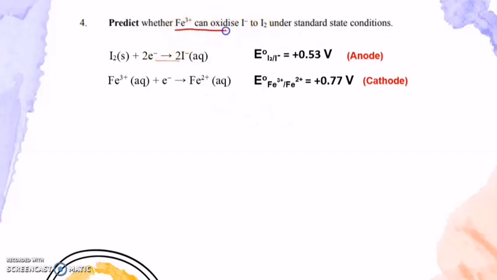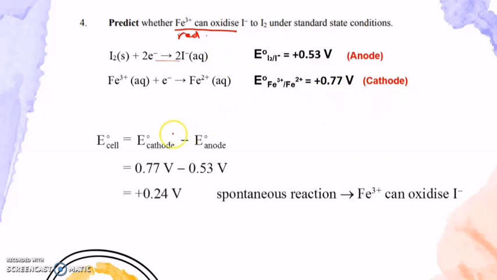The word can oxidize means that Fe3+ can be an oxidizing agent. If Fe3+ is the oxidizing agent, it will undergo reduction. From the values of standard electrode potential for both equations, our Fe3+ has the more positive value, so it will become our cathode and undergo reduction.